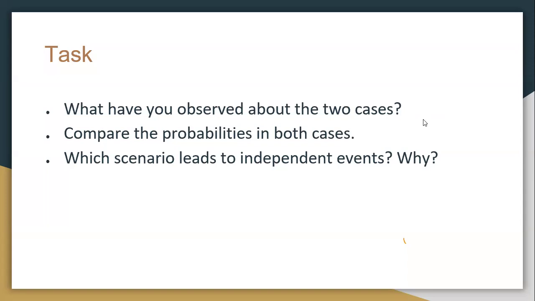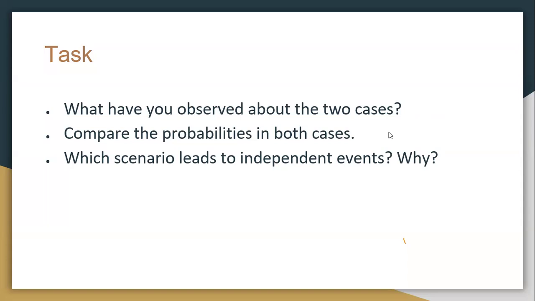I have realized that in the first pick, we are picking with replacement. I mean, without replacement. Then in the last, we are picking with replacement. Okay, good. That is one observation. Yes, Timothy.